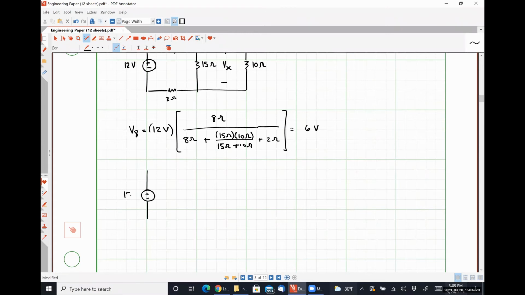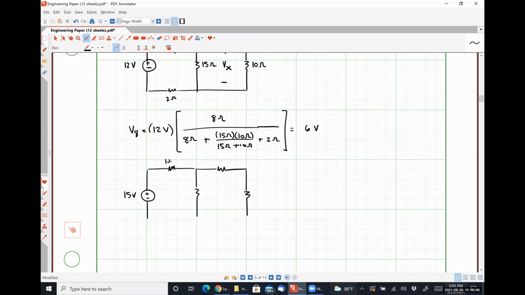Let's say I have a 15-volt source. Resistor, resistor, resistor.